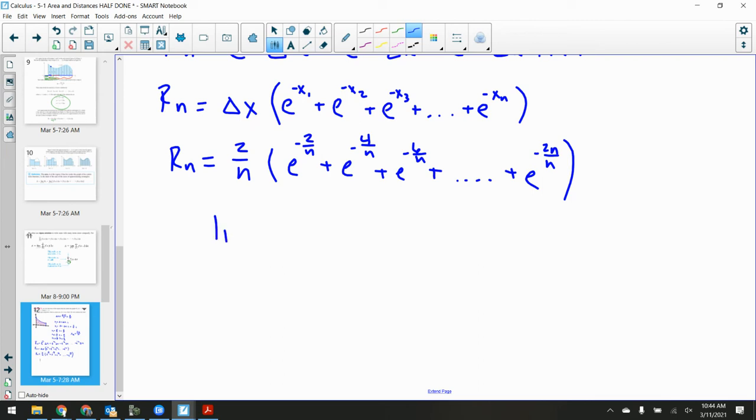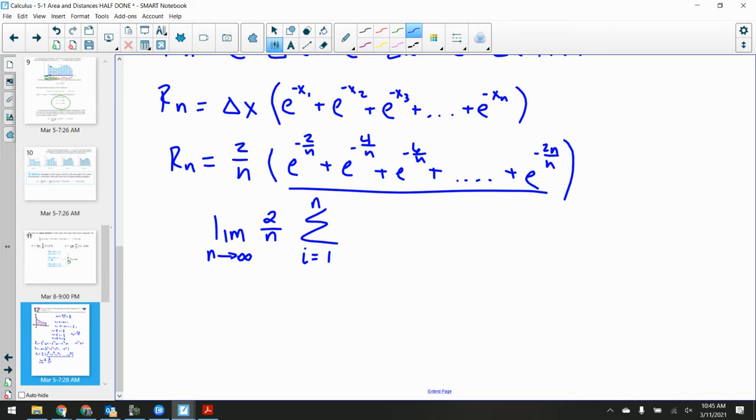So we say the limit as n goes to infinity of 2 over n times this sum. Now, what is that sum? Well, that sum starts at 1 and goes to n.